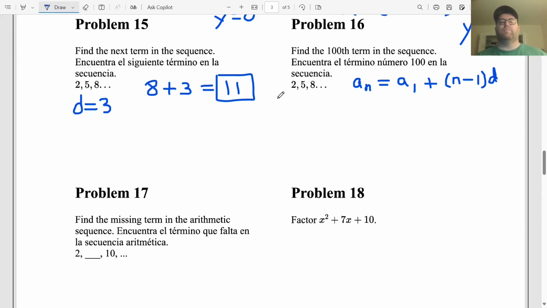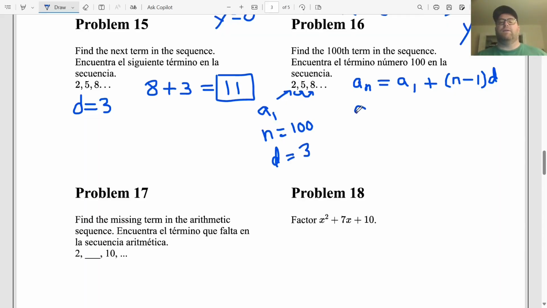Okay, so the first term is going to be 2, so that's a sub 1. We want the 100th term. We don't know what that is, but we know that n, the number of terms, is going to be 100. And we know that when we go from term to term here, from 2 to 5 and then 5 to 8, our common difference d is going to be equal to 3.